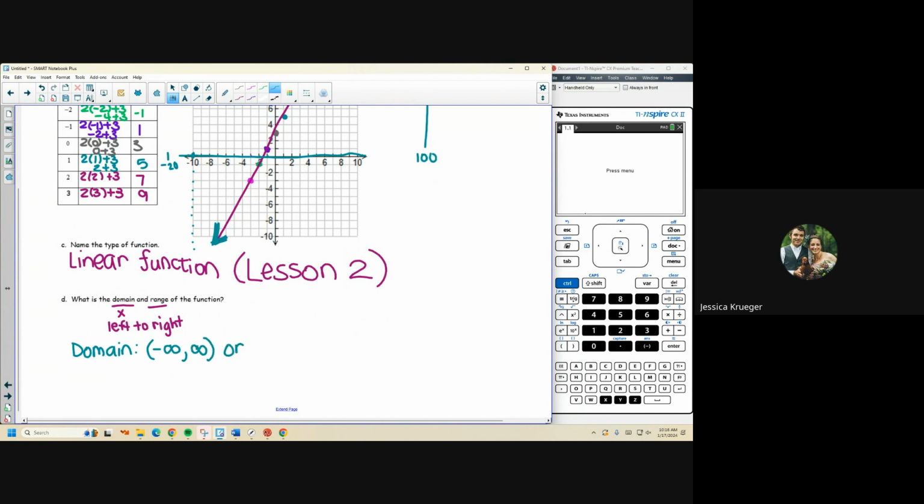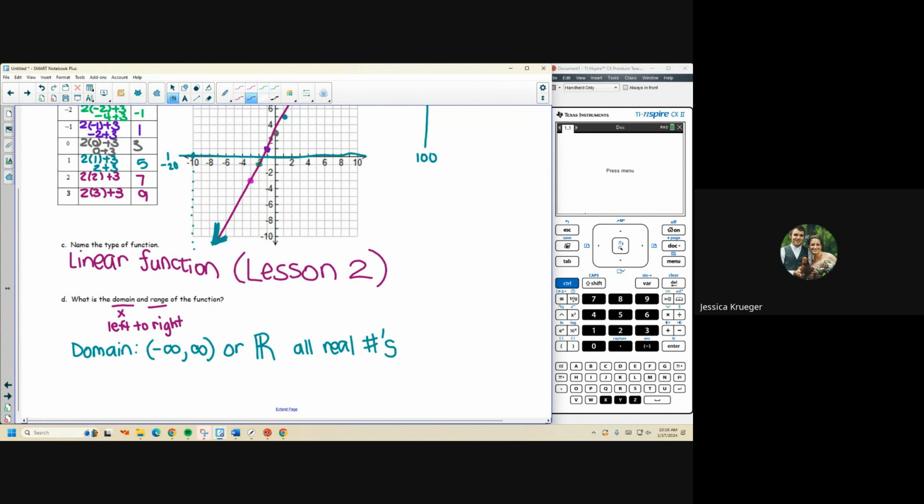Or the other way you can write that is if you draw two lines close together and then draw a capital letter R through them, that stands for all real numbers. This graph exists. I can plug any x value into it and get an output.